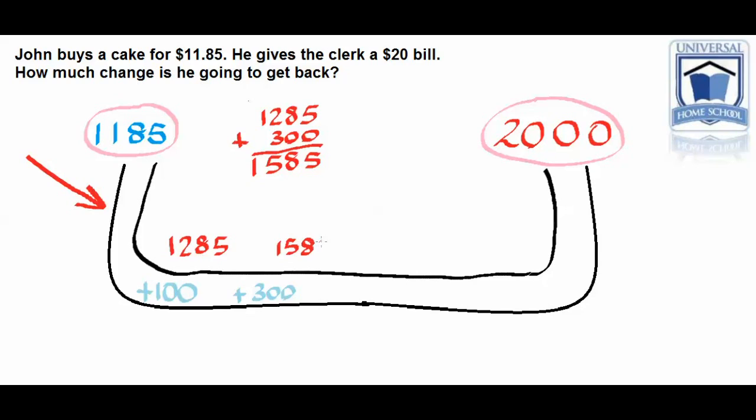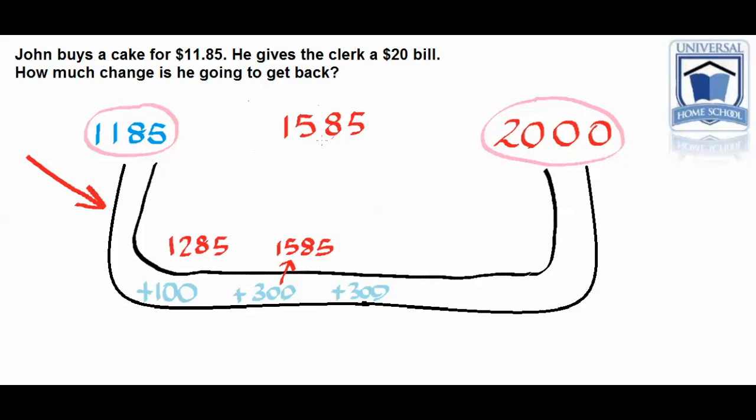So in red is the amount so far, and in blue it's what we're adding on each time. Next, I'm going to add another 300. I'll take that up here. I'm going to add it to the 1585.